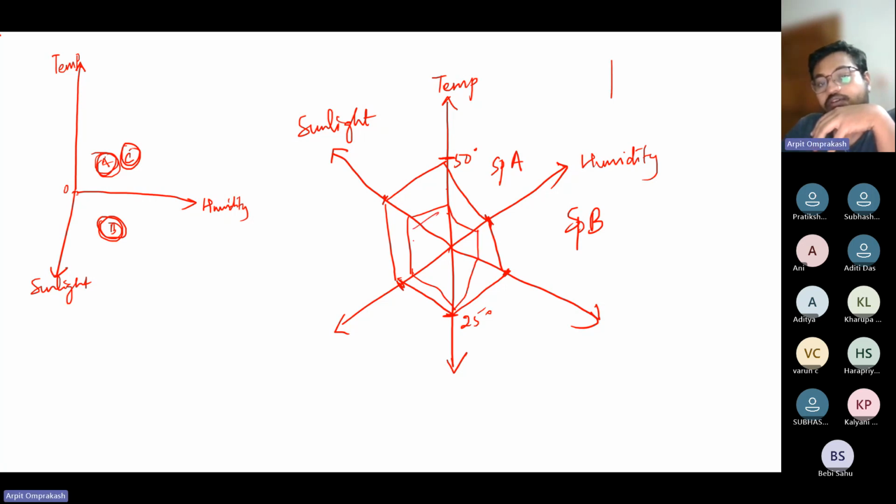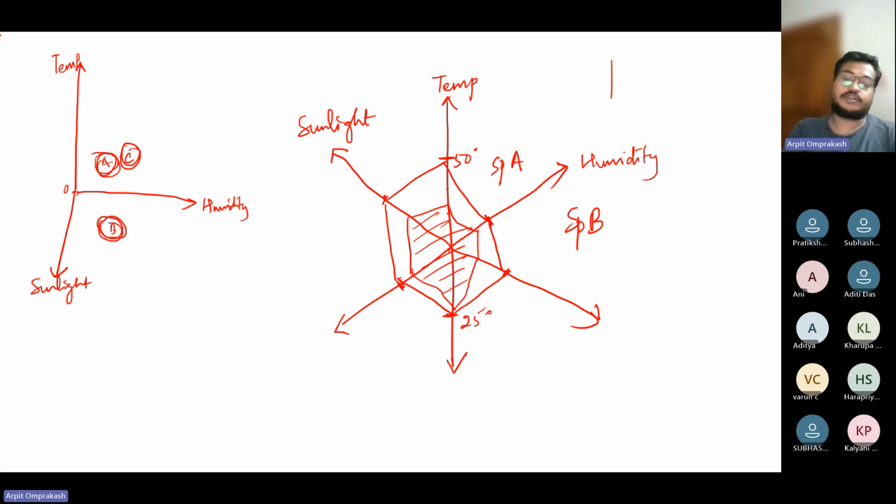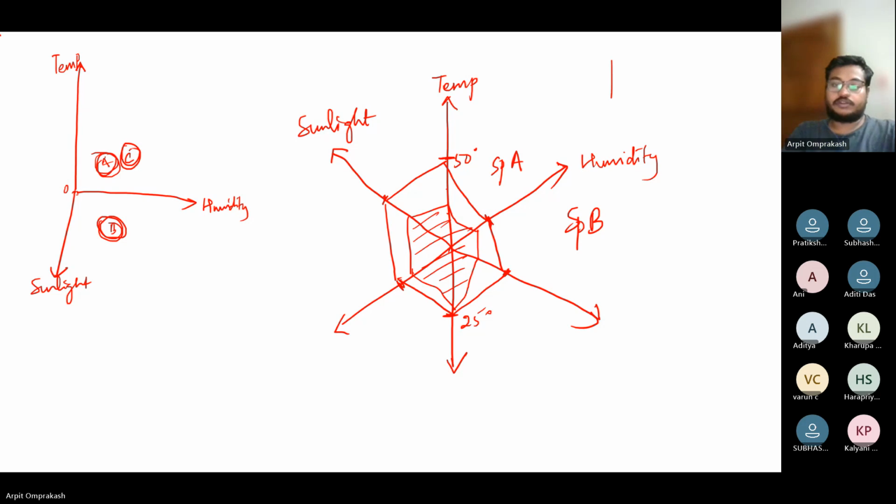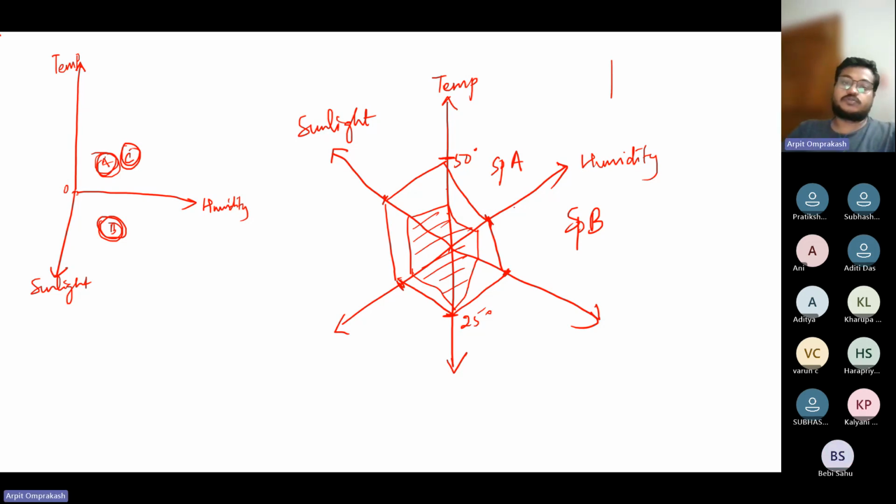So now we have a smaller area here, which is the area actually occupied by species A in the given community. Whereas the larger outside area is the area that species A can theoretically occupy if there is no competition or predation, or other interactions with other populations. So the outer area is the fundamental niche, and the inner area is the realized niche.